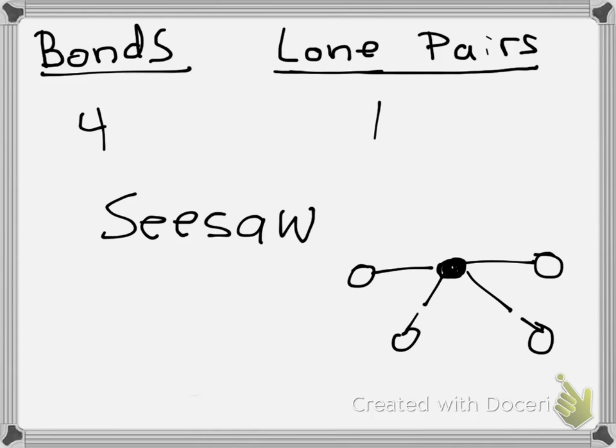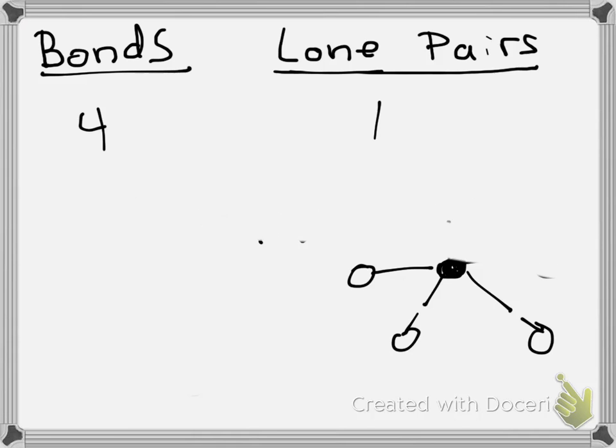And then you have one lone pair out here. And this one is polar because obviously it's not even. There's 4 bonds and 1 lone pair. Alright.